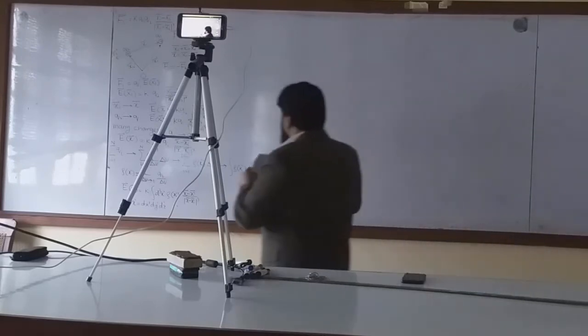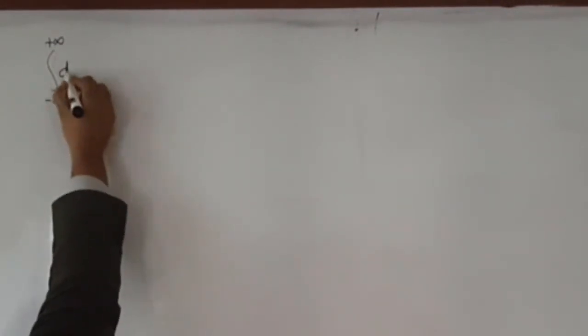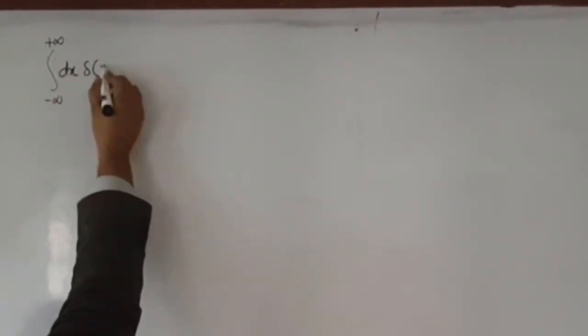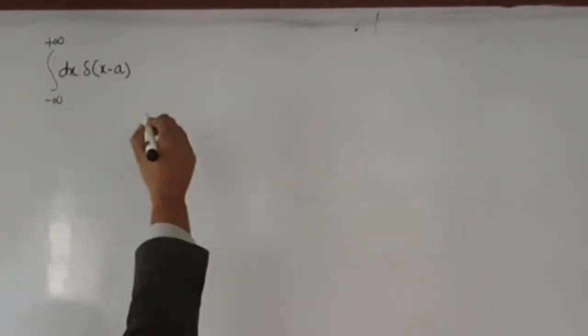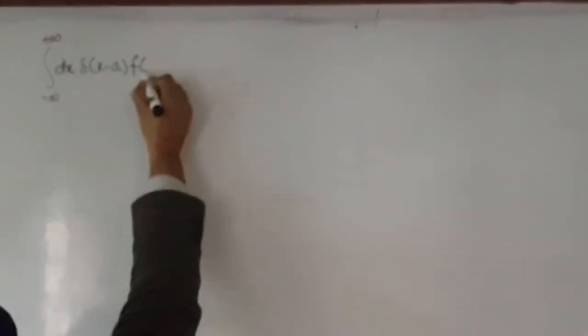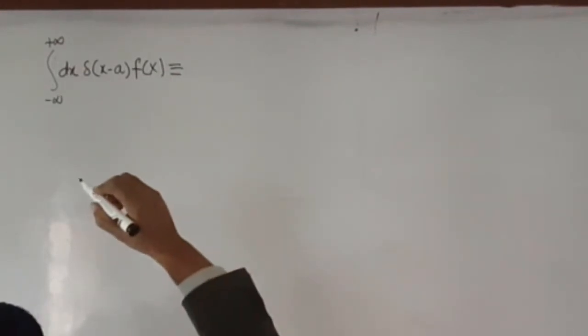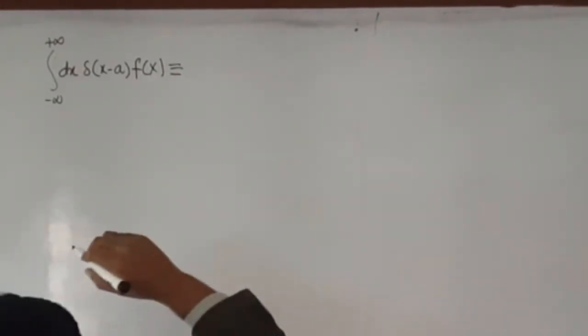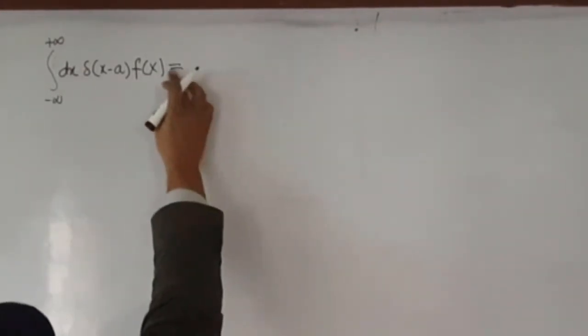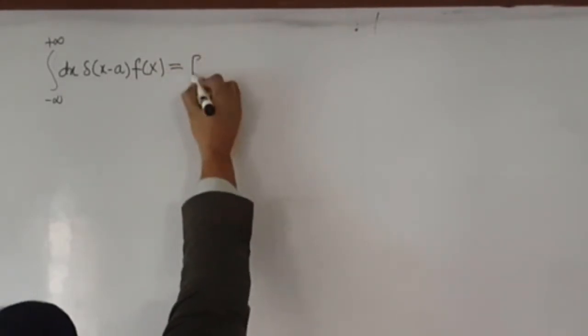The integral from minus infinity to plus infinity of dx delta of x minus a times f of x will be equal to f of a.